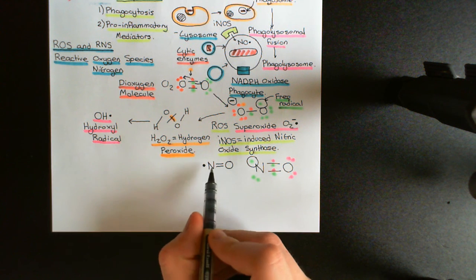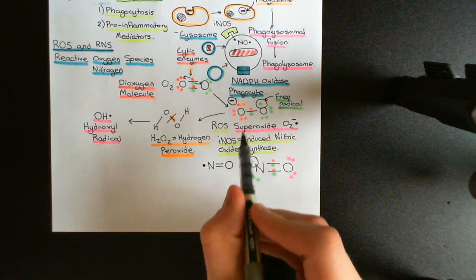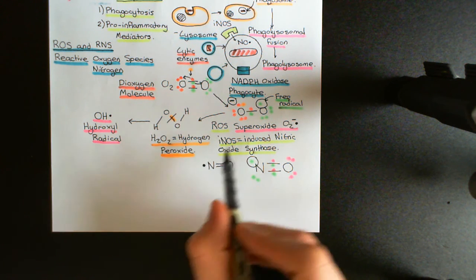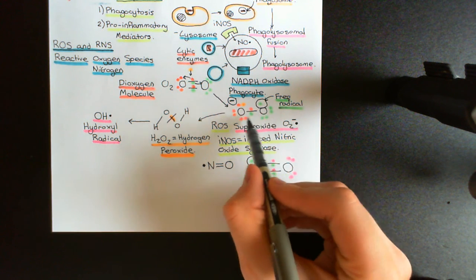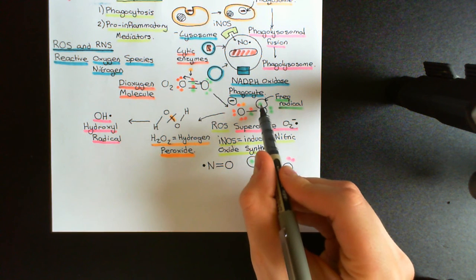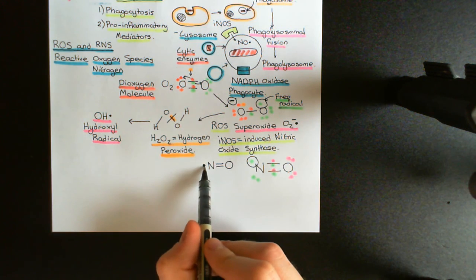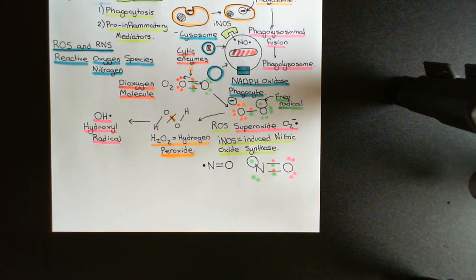What's going to happen is the free radical on the nitrogen atom of a nitric oxide molecule is going to bind with the free radical on a superoxide molecule. So we've got an unpaired electron on this oxygen of the superoxide molecule, and an unpaired electron on this nitrogen atom here. They combine together to produce an extremely reactive molecule that is now going to be classed as a reactive nitrogen species.